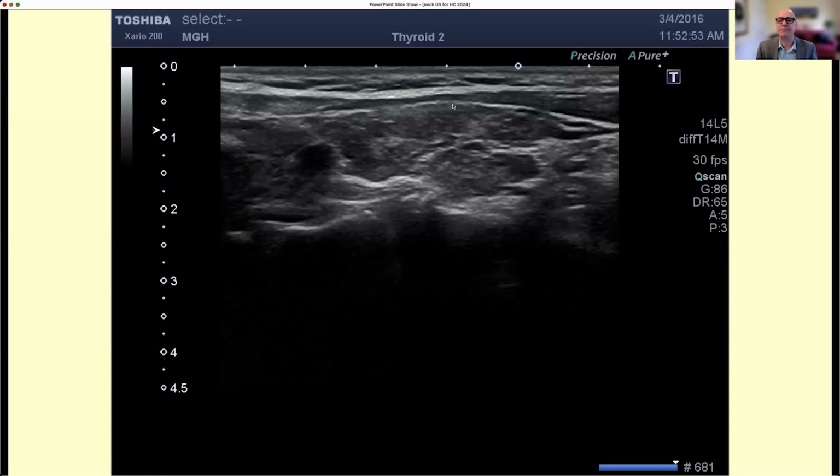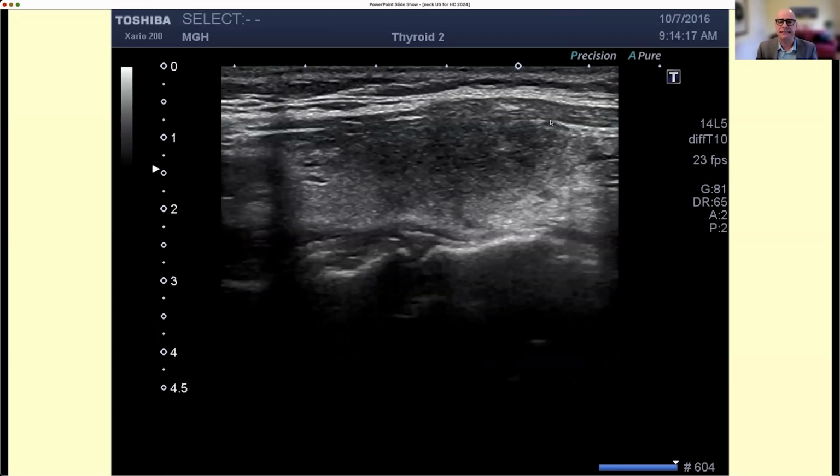This is the thyroid capsule in a longitudinal view, which is thickened, and the parenchyma, the thyroid, is as dark as the muscle. So this is a hypoechoic pattern, and so this is autoimmune thyroid disease. Whether it's Graves or Hashimoto's, you can't tell because you cannot see the flow, but it's compatible with autoimmune disease.